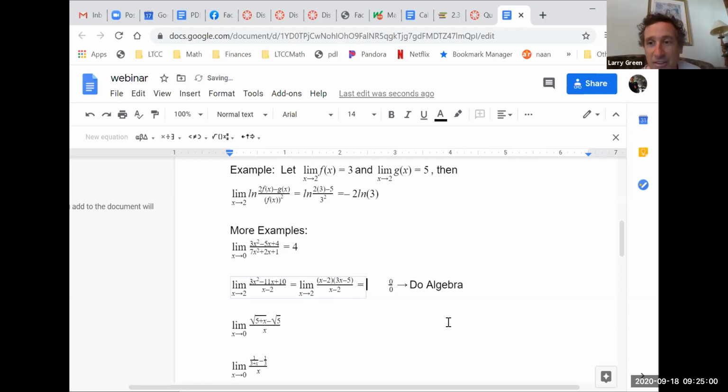You could beat yourself up if that's your way of doing things, but I don't do that. I'd rather say, hey, I know that x minus 2 is a factor, so I can just write x minus 2 and then realize I need a 3x squared, so it's 3x. I need a 10, so it's negative 5. And now I can cancel the x minus 2.